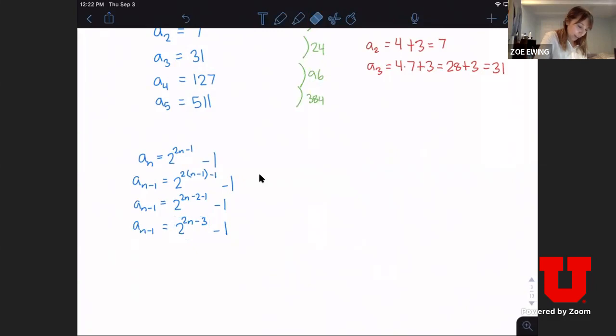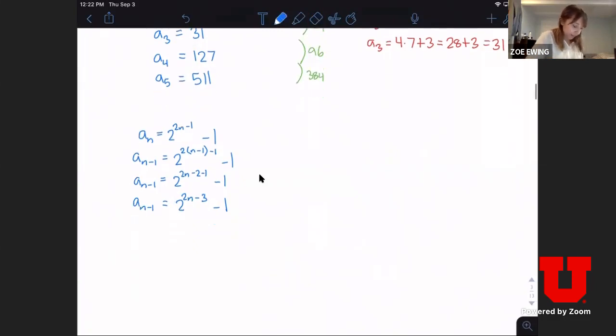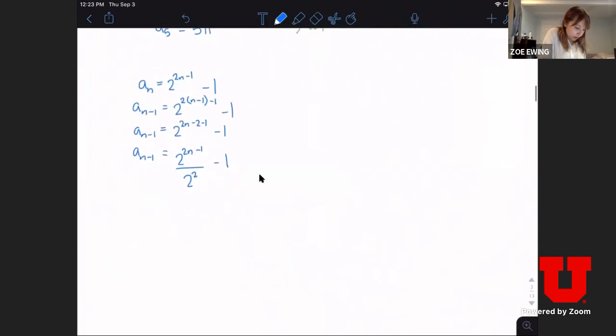So let's go ahead. All right. So 2 to the 2n minus 1 over 2 squared minus 1, I think. And then can we multiply on either side?